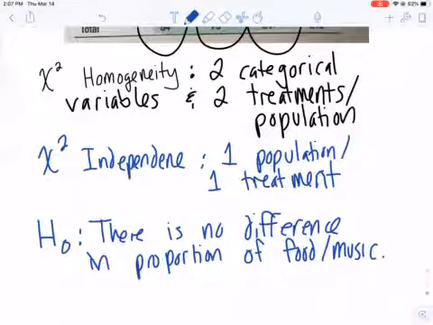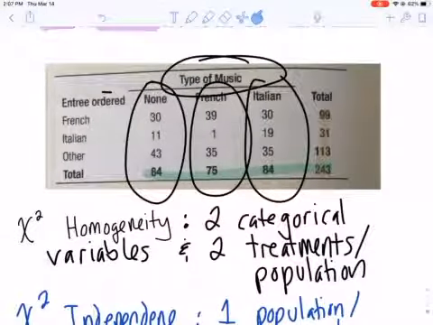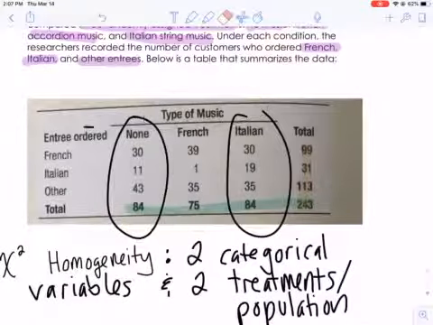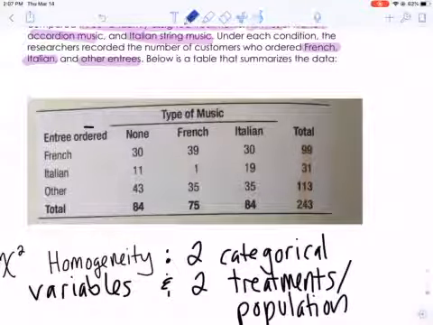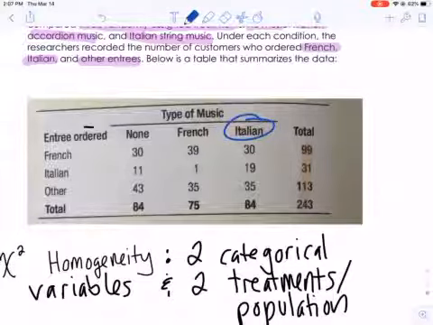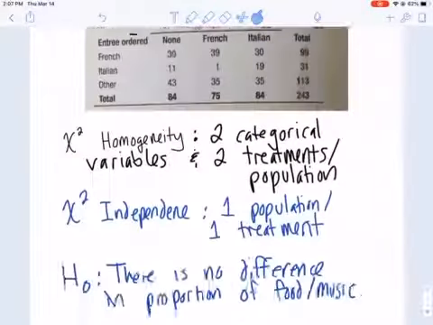So what that means is if it really doesn't have an impact, I should be seeing the same proportion each here. If it really doesn't have an impact, when there's French music playing here, I really shouldn't be seeing an uptick in the number of people ordering French food, or the proportion of people ordering French food as opposed to Italian food or other. I really shouldn't be seeing a difference. Or when we're playing Italian music, I really shouldn't see a big difference in the number of people ordering Italian as opposed to French. So that's basically what we're testing for here.